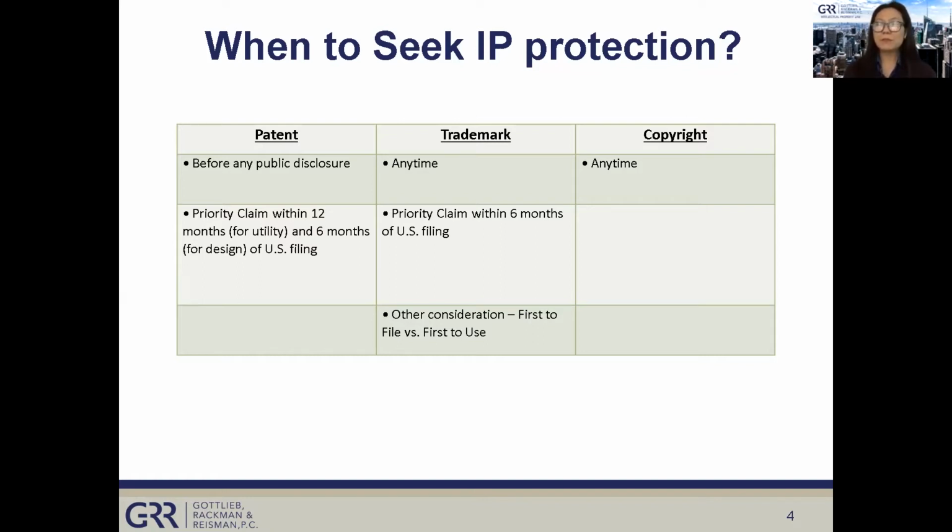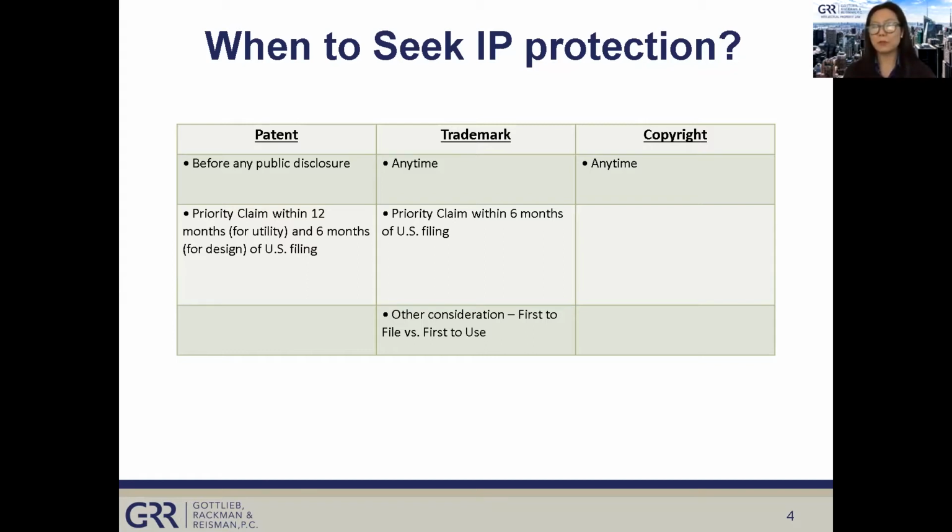In first to file countries such as China, the first one who files a trademark application has priority rights. In comparison, in first to use countries such as the United States, the first one who actually used the mark has priority rights. First to file countries, which we will discuss a little more, include China, and I'll tell you a little more about the problems that may arise.